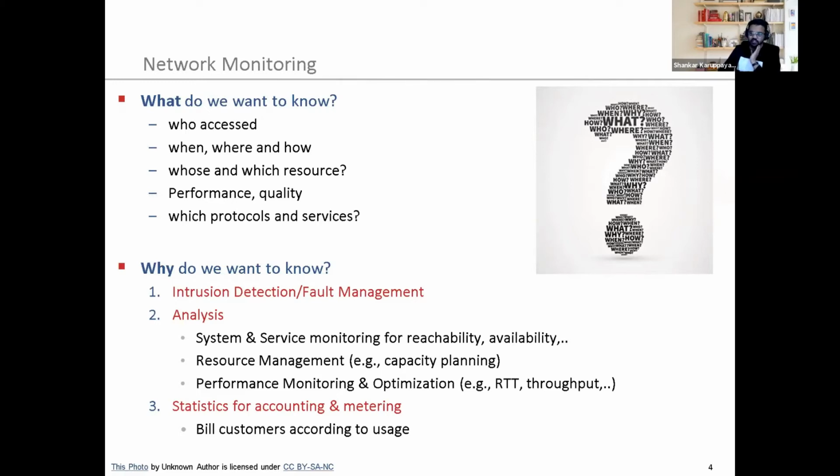This cloud service provider says that, okay, for the month of November 2020, I'm offering you 20 gigabytes of network traffic, and anything beyond that you will have to pay for by every gigabyte of traffic, let's say. So you need to perform this kind of monitoring or metering to provide them the utilization rate, as well as how much they have utilized right now from the beginning of November and so on. So then you can bill the customers according to their usage.